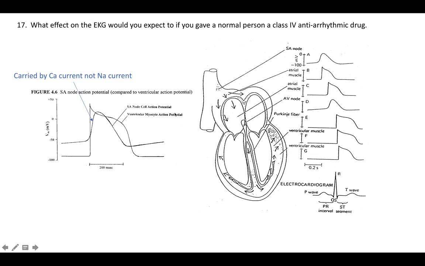And that's exactly what happens here. So your AV node, when you're propagating your action potential through the AV node, you're in this flat part, this PR interval. If you slow that propagation down and make it more difficult to fire an action potential, you will increase this PR interval.